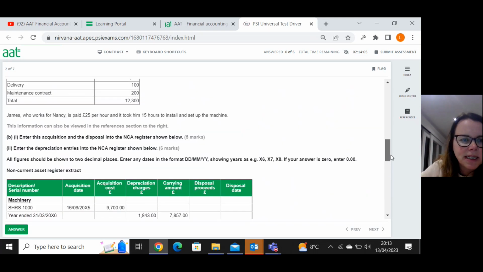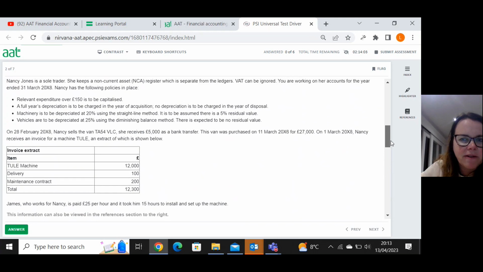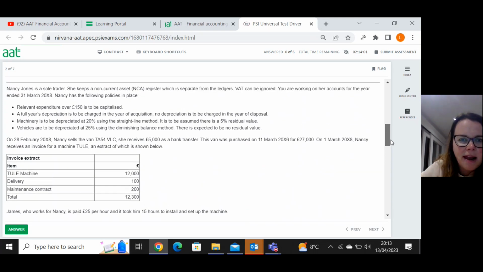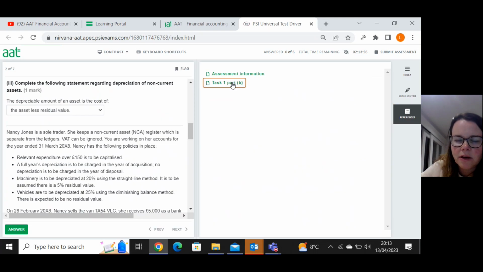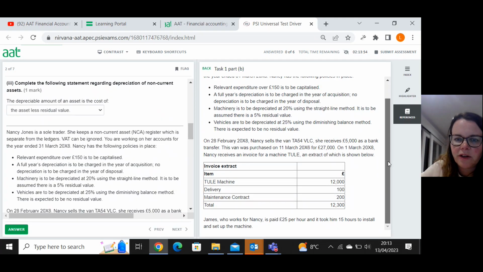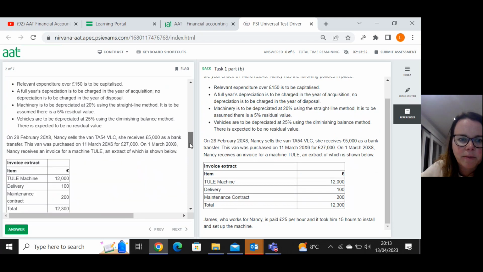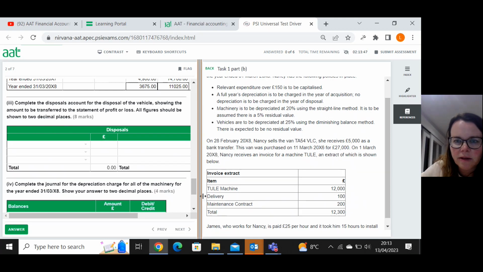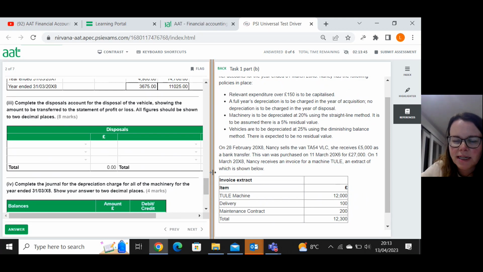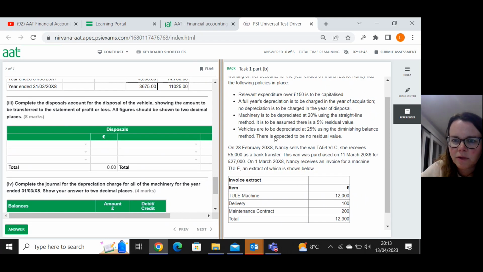Right, so the vehicle that's been disposed of, let's go back up for our information. Incidentally, you can usually get that information on the side here if you find it easier, which I will for this one, I think. The beauty of this is if you widen that, the writing still, you don't lose anything, which is good.